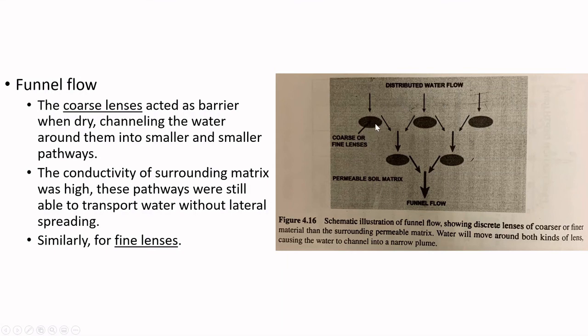It can be very fine, or it can be very coarse. If you have something like this in the subsurface, you will have a funnel flow, because water cannot get through the lenses, it has to pass by them, and then it will form some kind of funnel as it flows down through the matrix of the soil.